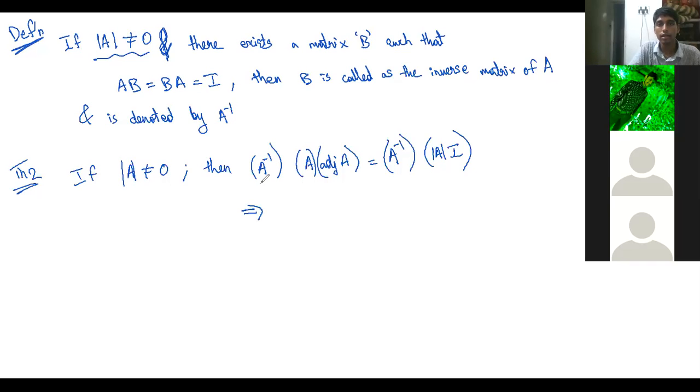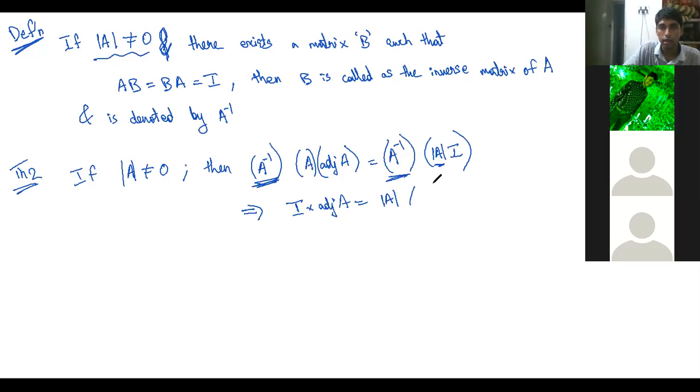I'm multiplying A inverse on both sides in theorem 1. But A inverse into A will become I. So I times adjoint A. And here I can take the scalar out as we showed in the first class.